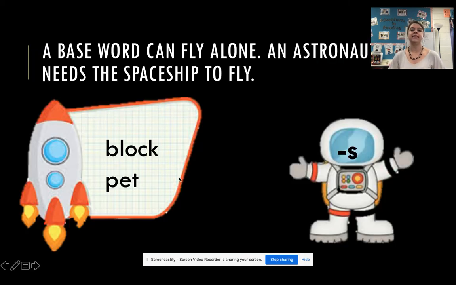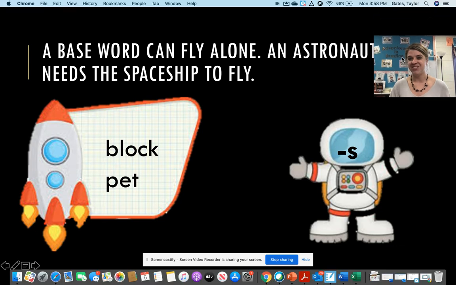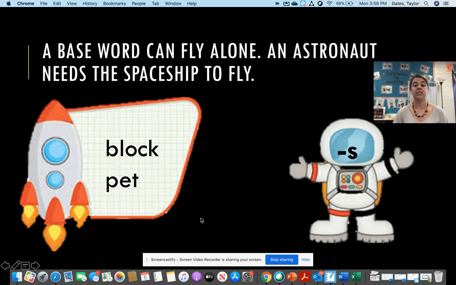Now, let's look at this. Remember, we said, I'm going to try to move myself so you can see all my words. We said that a base word is like our spaceship. So do you see our spaceship over here? And an astronaut needs the spaceship to help it fly. So let's look at this first word.